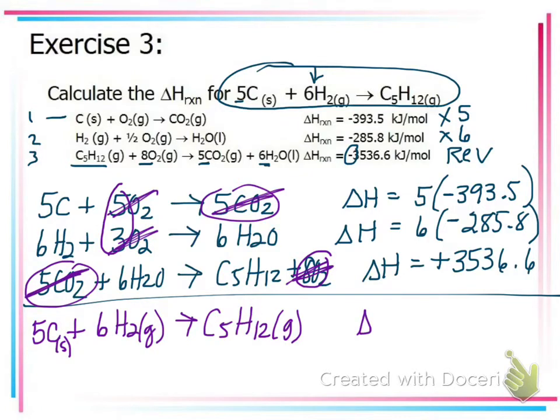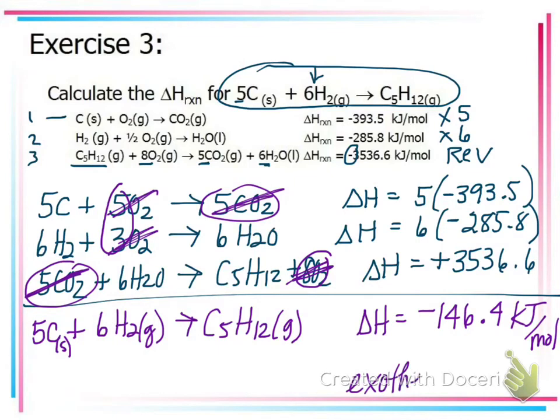So now I need to add up all my delta H values, remembering to multiply the first 2 by the integers that they need. And when all is said and done, I get a negative 146.4 kilojoules per mole. And of course, because it's negative, that would definitely be an exothermic reaction.